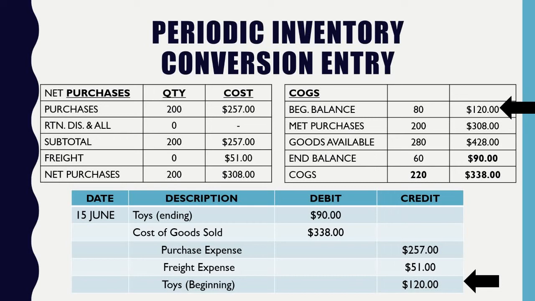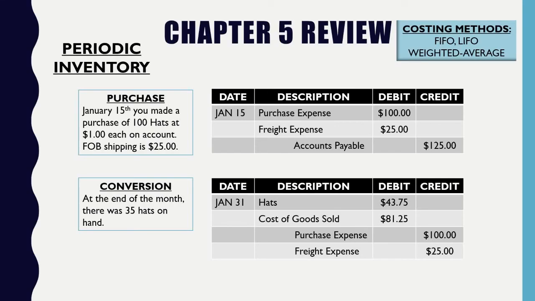So we're zeroing out all of those accounts and emptying them into these other two accounts, your inventory on hand or ending inventory and your cost of goods sold. Since you've done the work already in your worksheet, you just plug those numbers in. And that is it for chapter 5.4.